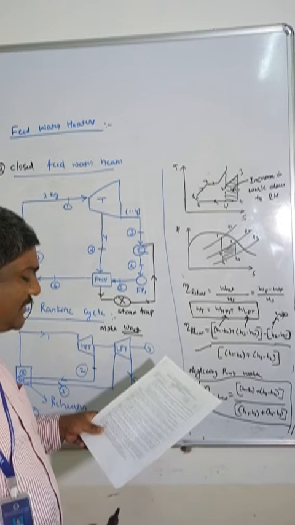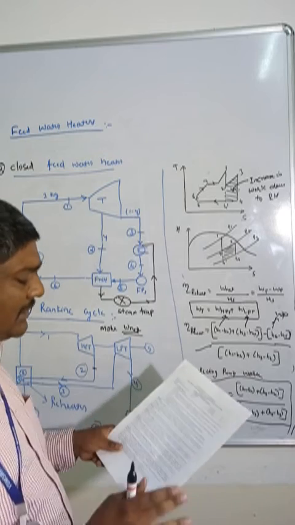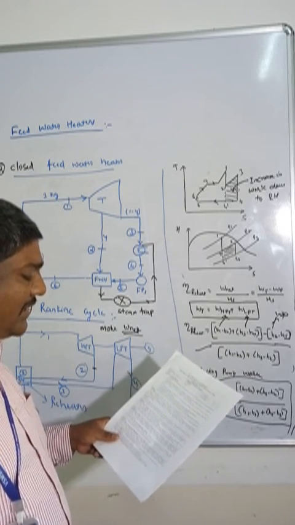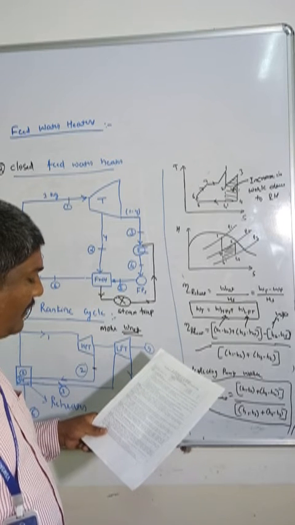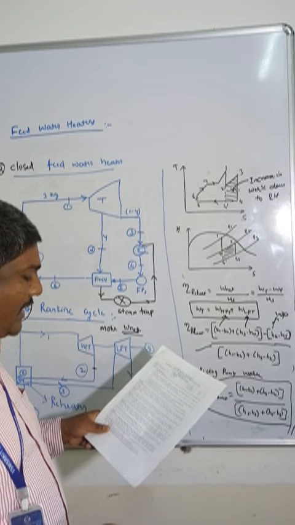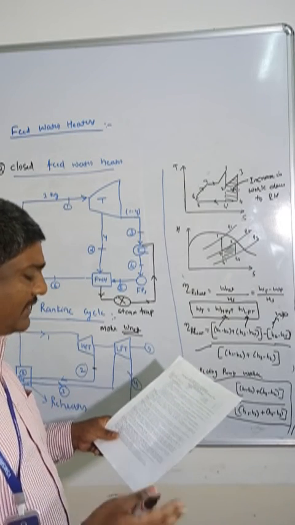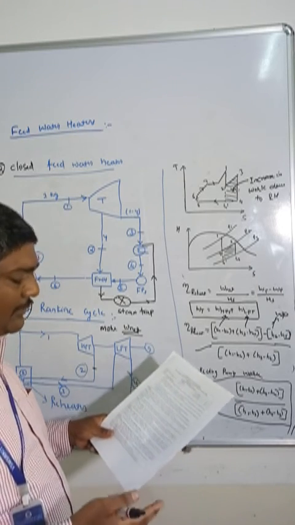Effects of pressure and temperature on Rankine cycle and actual vapour power cycle are covered in video 2. Ideal practical regenerative Rankine cycle, and open and closed heaters. Now I am completing the reheat Rankine cycle and characteristics of an ideal fluid in the vapour power cycle.